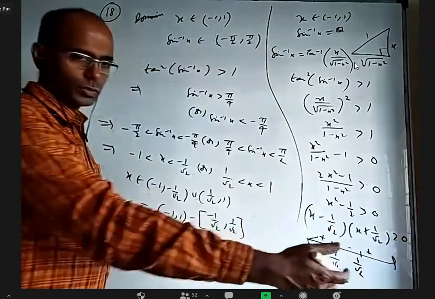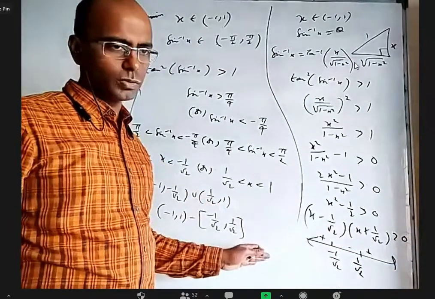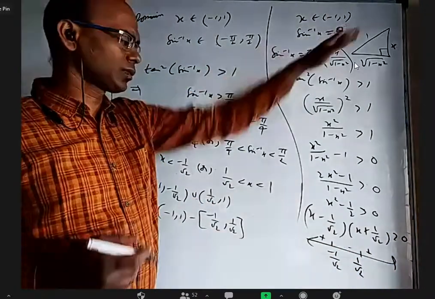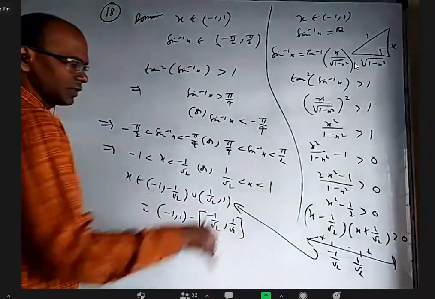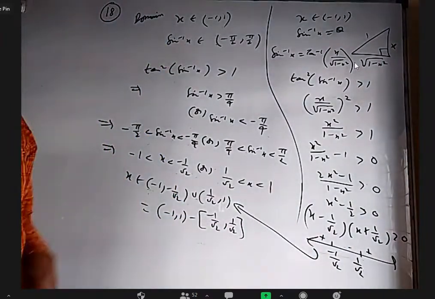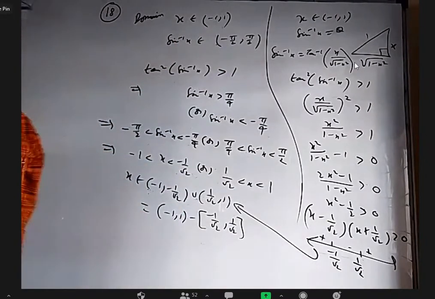More than 1 by root 2, okay? Less than minus 1 by root 2, okay? Obviously, it should be within minus 1 to 1. So 1 by root 2 to 1. So after that also, you can get the same step. Then you can get the answer. You can do like this or you can do like this.